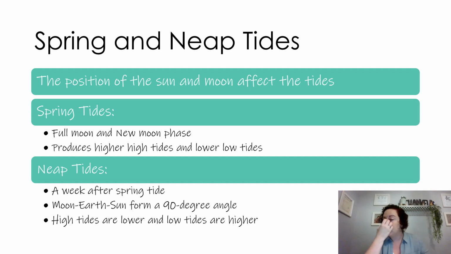So spring tide. Typically, this is going to happen during a full or new moon phase. Again, remember, sun, earth, you have to have either the moon in between the two for a new moon or a moon on the other side for a full moon. This produces higher high tides and lower low tides. Now, why is this important?